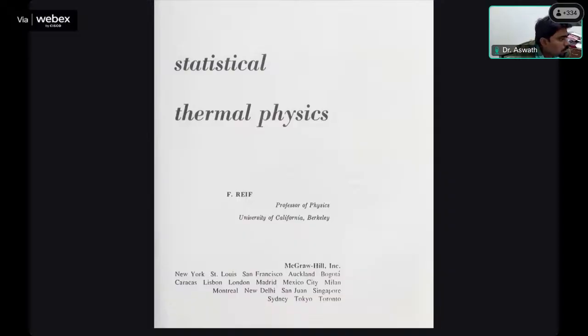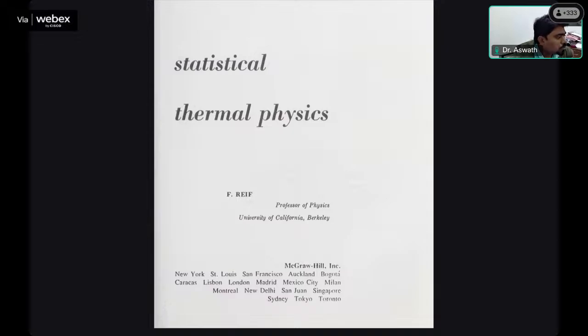For QT02, depending on the topic, we have to refer. Wherever there is quantum computing, you use the Nielsen and Chuang book. Wherever there is quantum mechanics, you can use the book by Shankar.